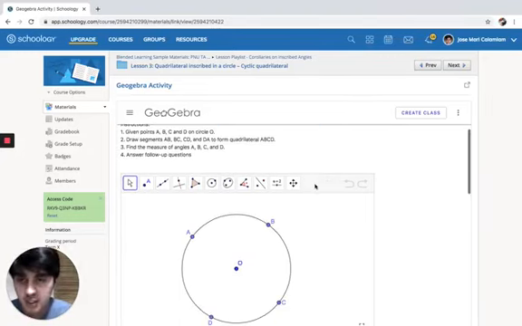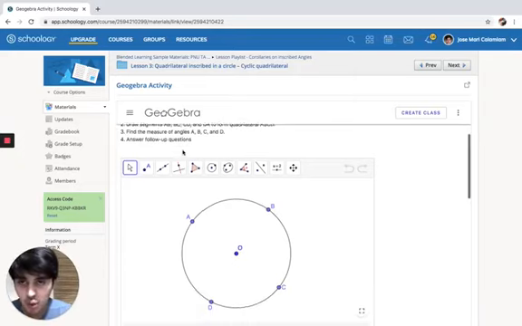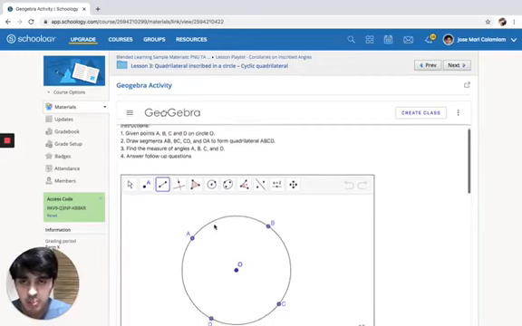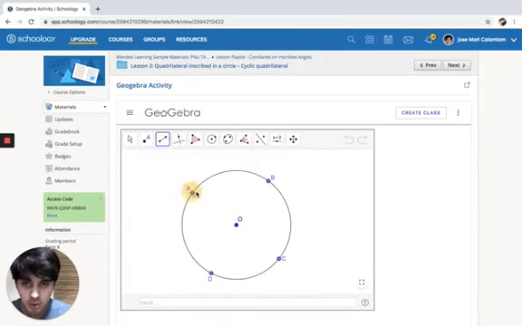Well, in this case, given points A, B, C, and D, they will draw segments AB, BC, CD, and DA.